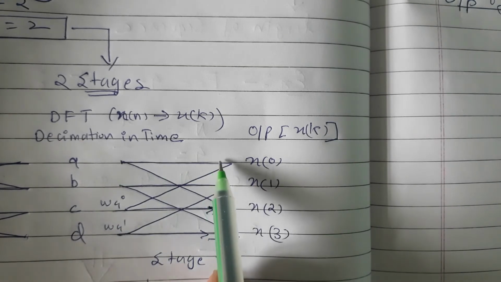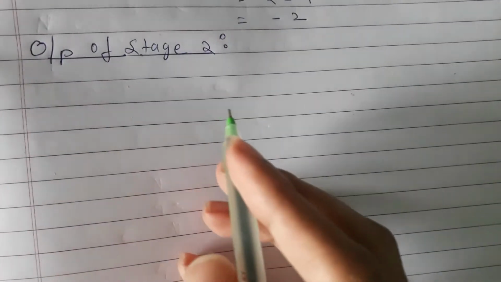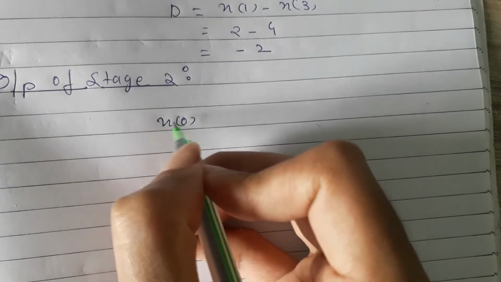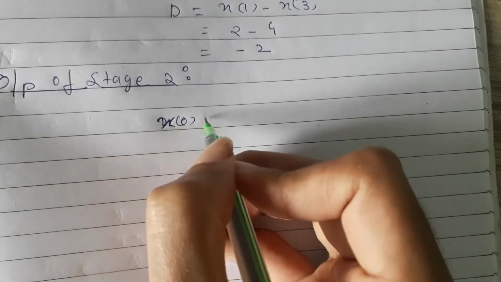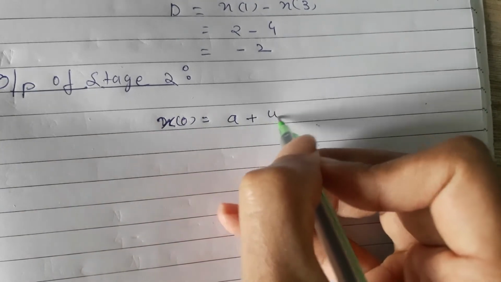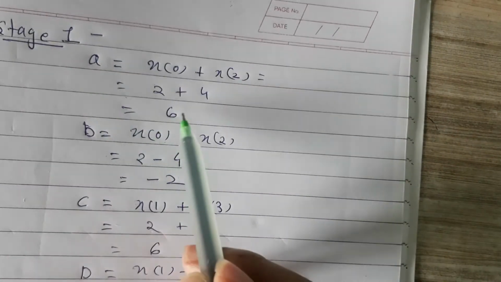So X[0] is equal to A plus W4^0 into C. As we know that A is equal to 6.